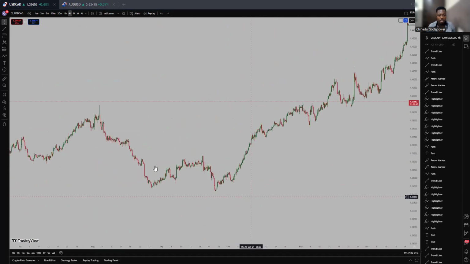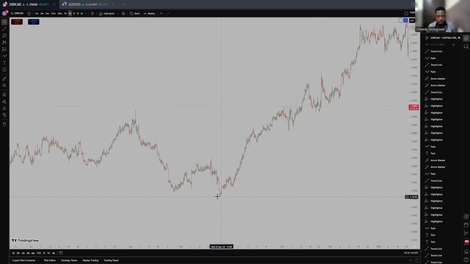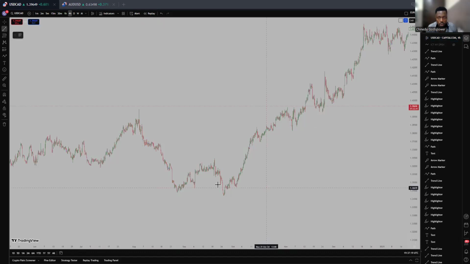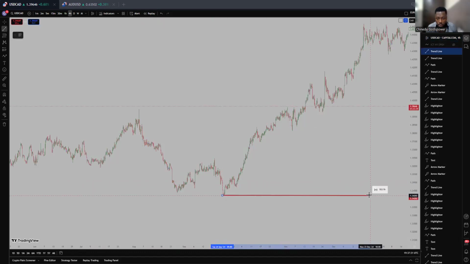Now you can see price starting from this zone, a level of what? Support. I'm going to try to be as fast as possible because of our time. Level of support.